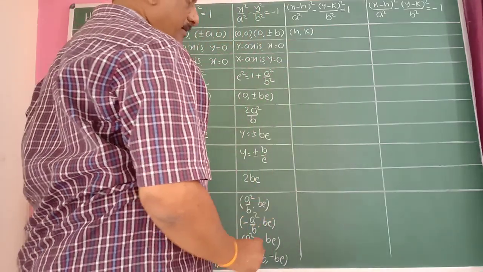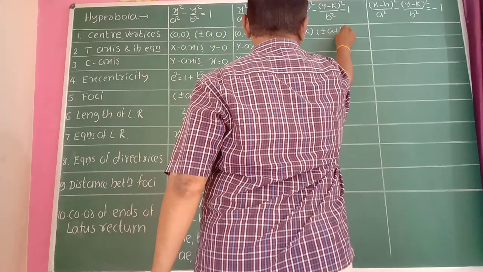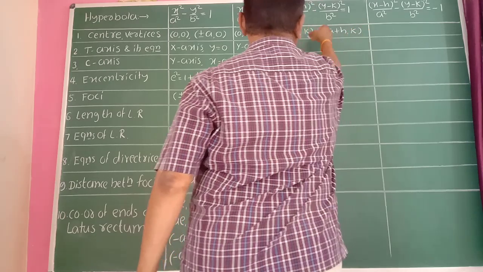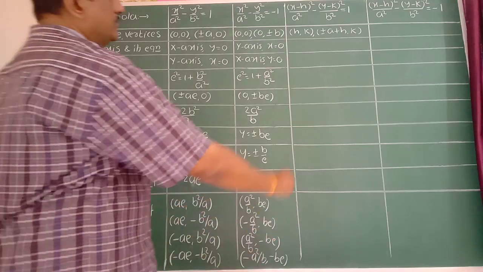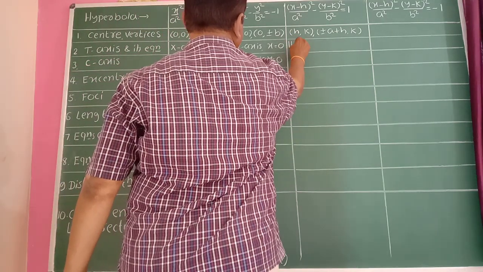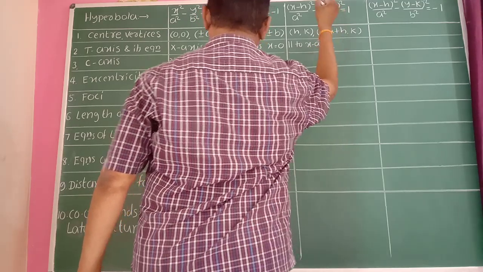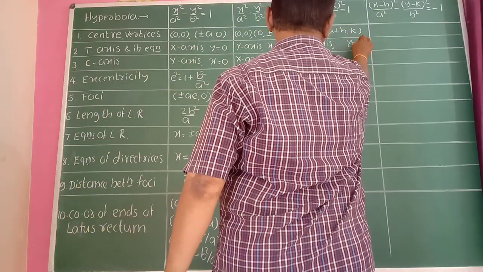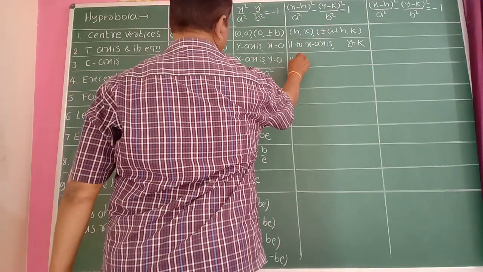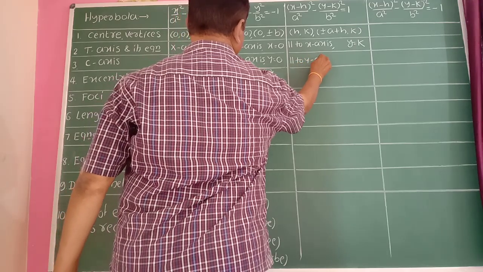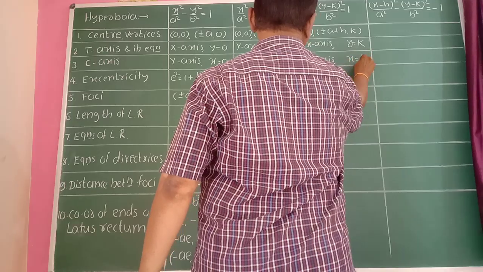Then the vertices are plus or minus a plus h comma k, and the transverse axis is parallel to the x axis, and its equation is y is equal to k, and the conjugate axis is parallel to the y axis, and its equation is x is equal to h.